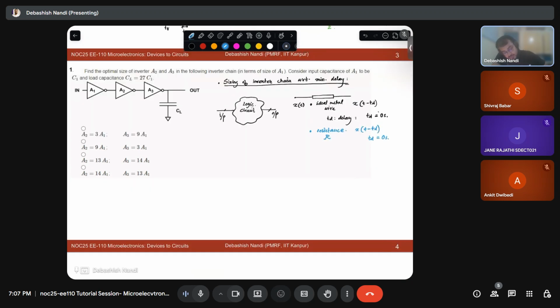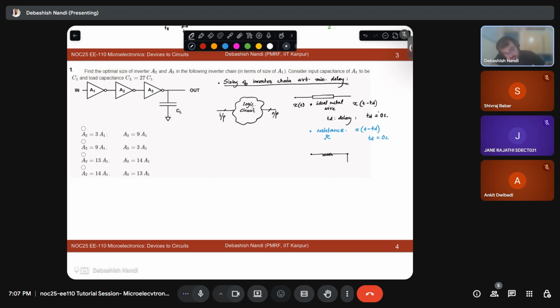Why do you say so? Because the signal will eventually pass through the resistor, so there will be no delay. So when will there be a delay? If we add a capacitor to the circuit.